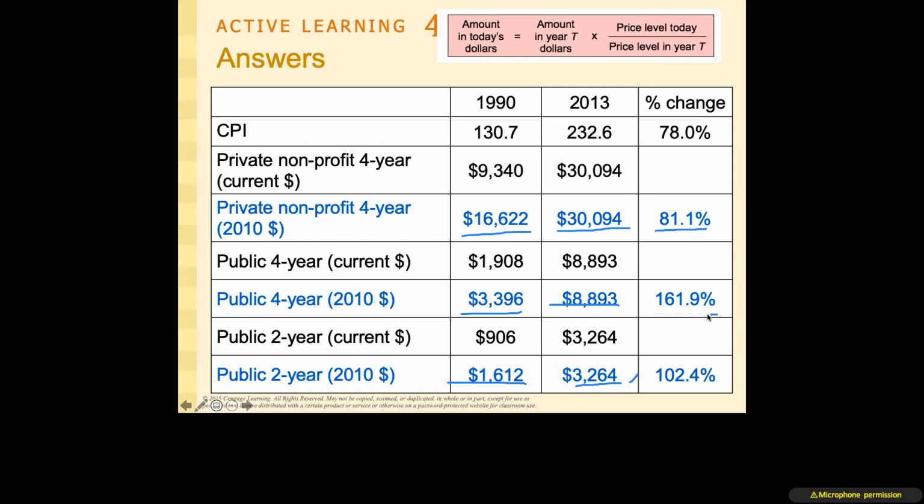A public school increased by 161.9%, and a public two-year increased by 102%. So hey, comparatively speaking, a private school is doing pretty well.